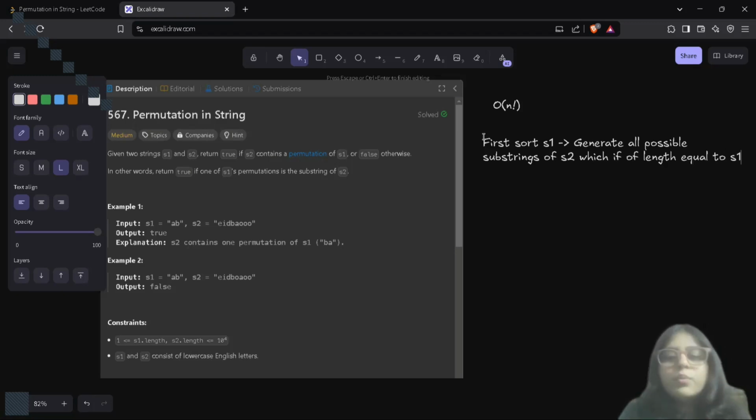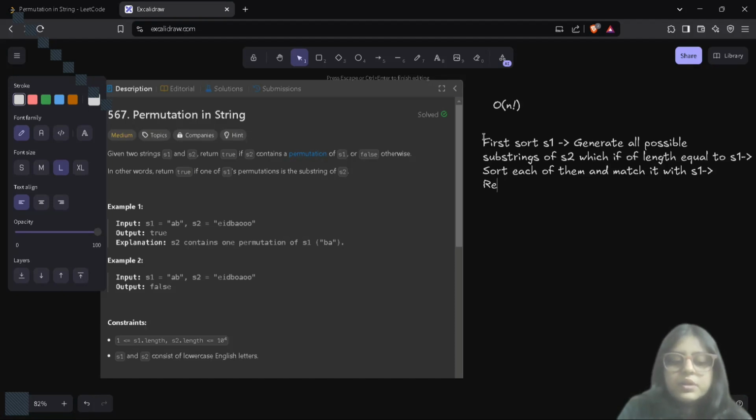Once we have figured out all possible substrings of S2 of length S1, we can sort each of them and match it with S1. Once we have sorted each substring of S2, we can get a similar output as S1 if any of the permutations of S1 exist in S2. And after this, we will simply return whatever the result is, either true or false. If we have found a matching, then we'll return true, otherwise we'll return false.